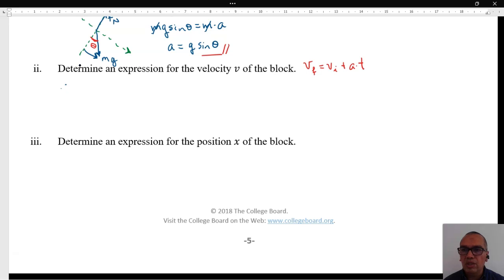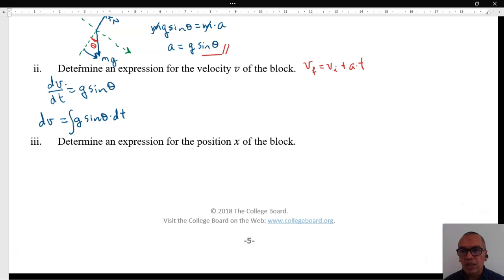So the acceleration is nothing else than the time derivative of velocity. Therefore, dv/dt is equal to g sine of theta, which is a constant, as you remember. So the differential of velocity is equal to g sine of theta times the differential of time.